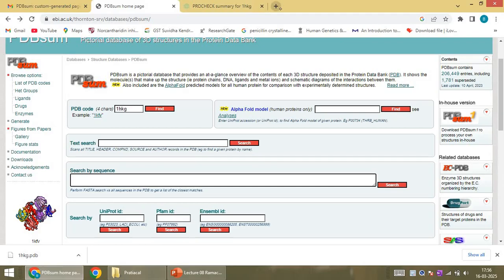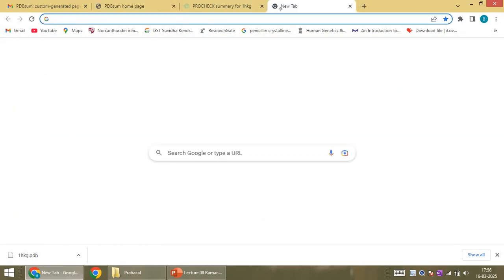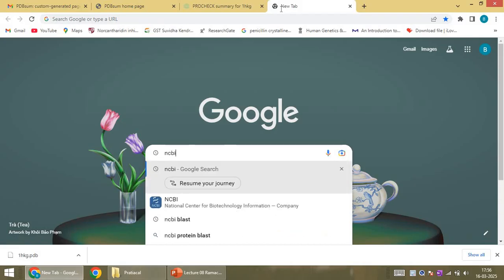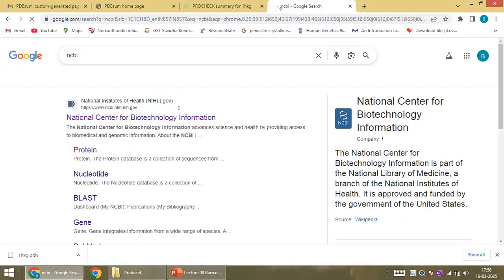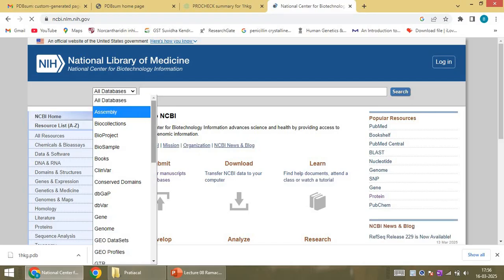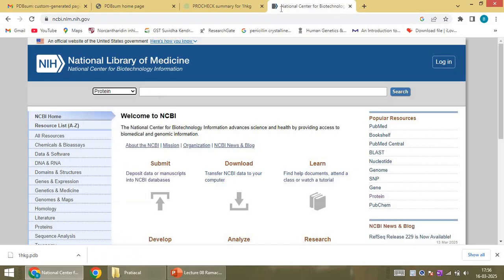Suppose first we retrieve the protein sequence from NCBI. Here I open NCBI, then in all databases we select protein and search our target molecule. Here I search hexokinase.